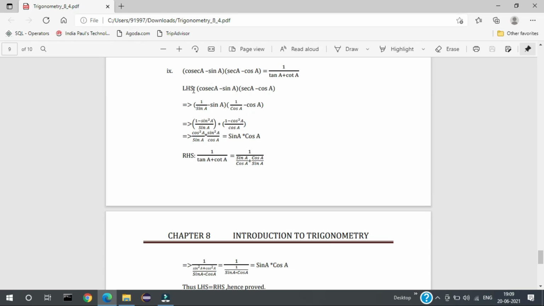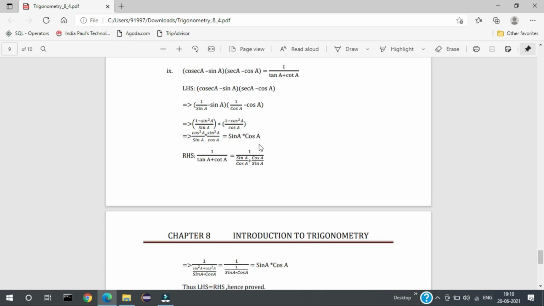So coming to LHS, cosecant A can be written 1 by sin A, minus sin A. Secant A can be written 1 by cos A, minus cos A. So (1 minus sin square A) by sin A into (1 minus cos square A) by cos A. That implies 1 minus sin square A can be written cos square A, and 1 minus cos square A can be written sin square A. In the denominator, sin A into cos A. That implies one sin A and one single cos A will remain.